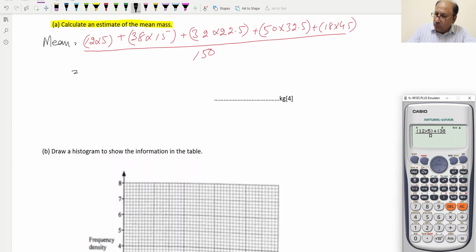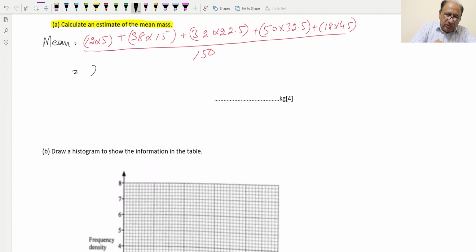I'm taking a risk for that one, hopefully we'll get the correct answer. 32 multiplied by 22.5 bracket close, plus 50 multiplied by 32.5 bracket close, plus 18 multiplied by 45 bracket close, and the denominator is 150.